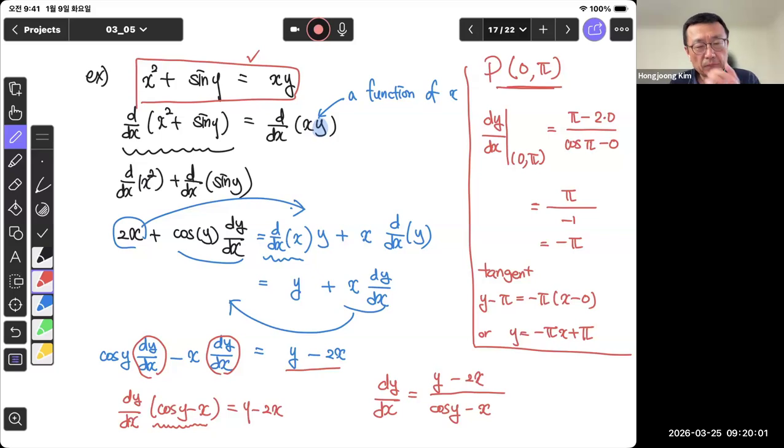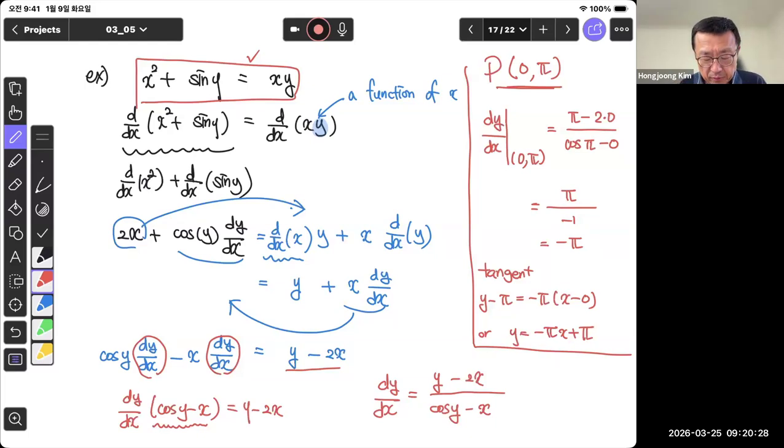Please do not try to express y in terms of x. You can just directly differentiate each side of the equation with respect to x. And then if some term has dy/dx in it, you move it to the left hand side. If some terms do not have dy/dx, please move them to the right hand side.